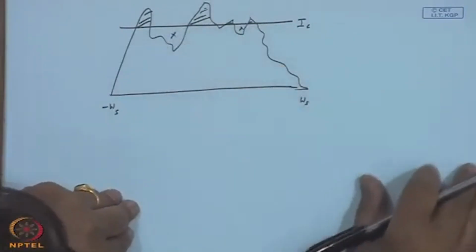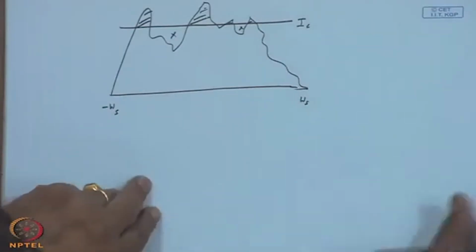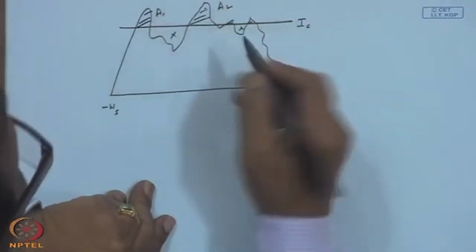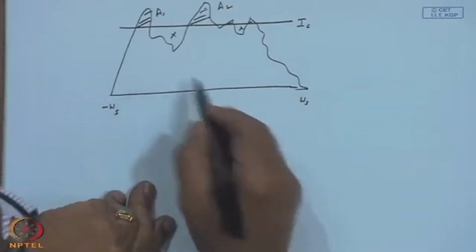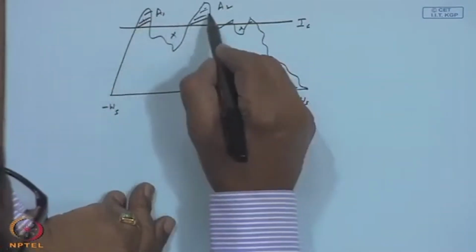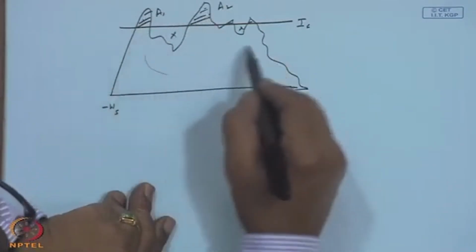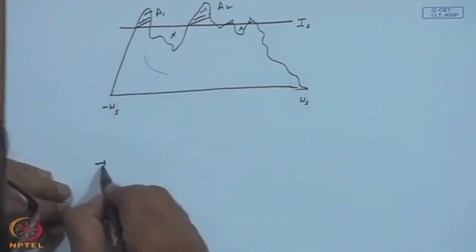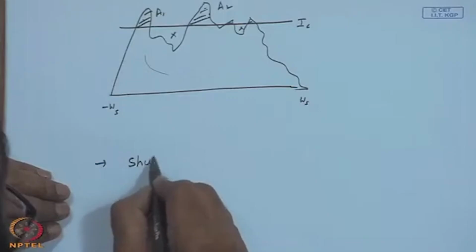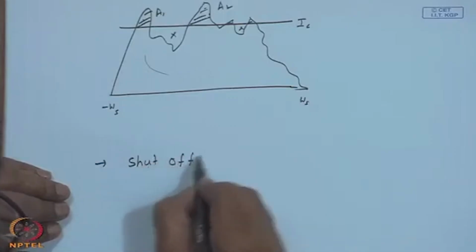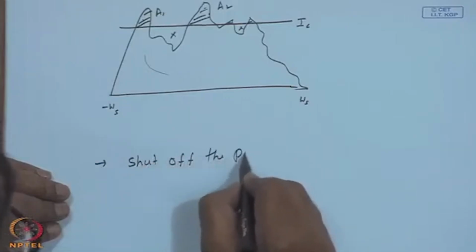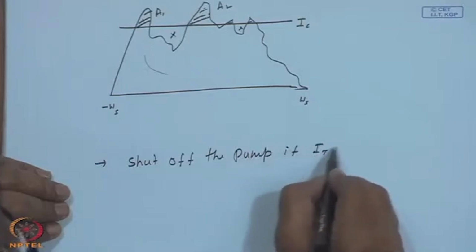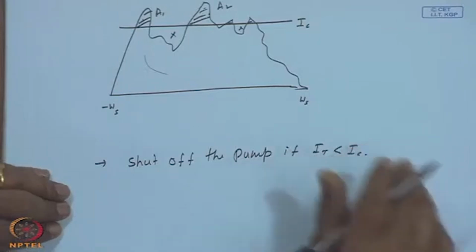In other words, practically speaking, if I give them A 1, A 2 and the total area beyond that, only A 1 plus A 2 by the area below the critical level we have to take off the solar radiation. So, practically it means shut off the pump if I t is less than I c.